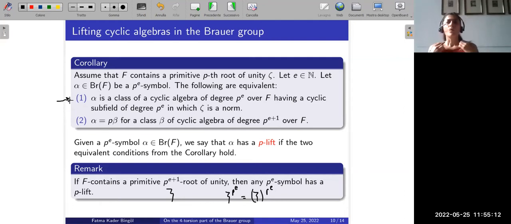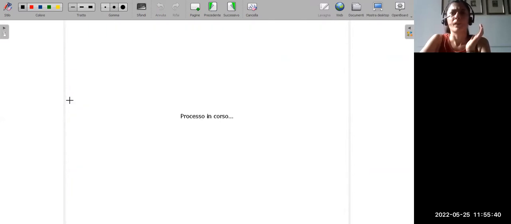Now using this, we can make a simple observation, namely when the p-power torsion part is generated by suitable symbols, where I will require them to have a p-lift, then we can deduce that the next p-power torsion part is generated by symbols. Let me write it precisely.